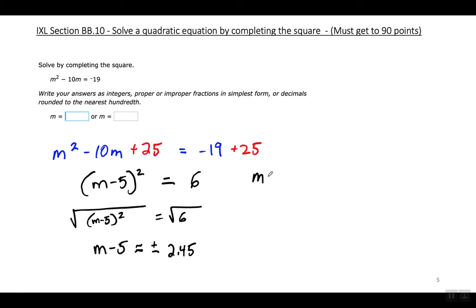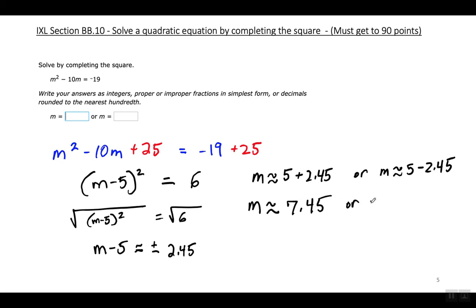So m is approximately 5 plus 2.45, or m is approximately 5 minus 2.45. For my first answer, m is approximately 7.45, and for my second answer, m is approximately 2.55.